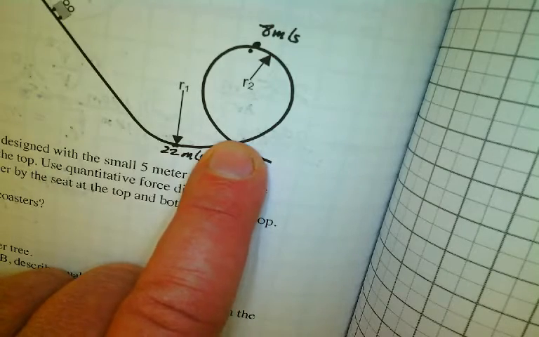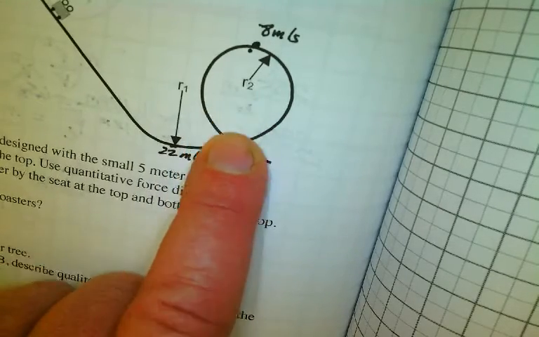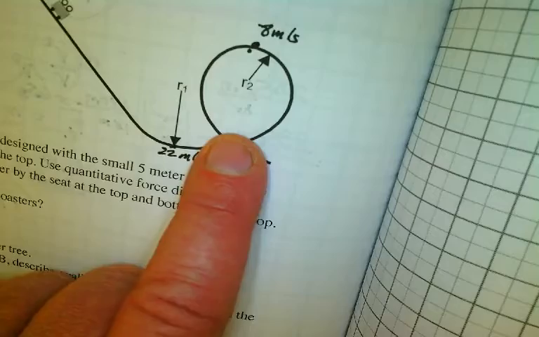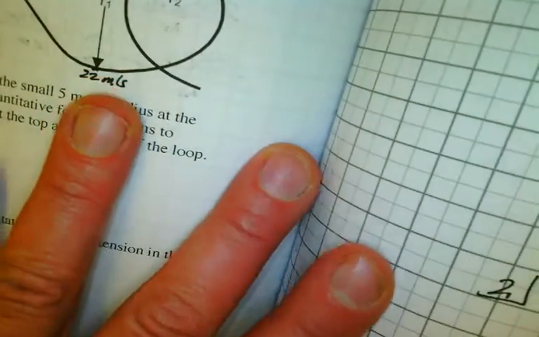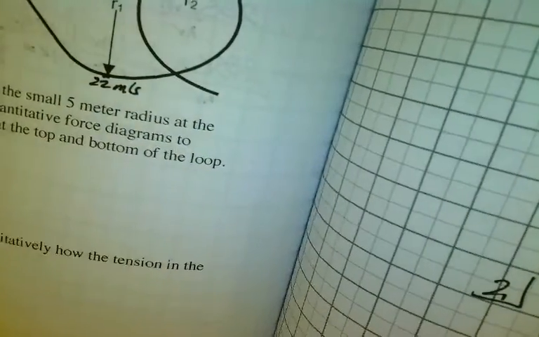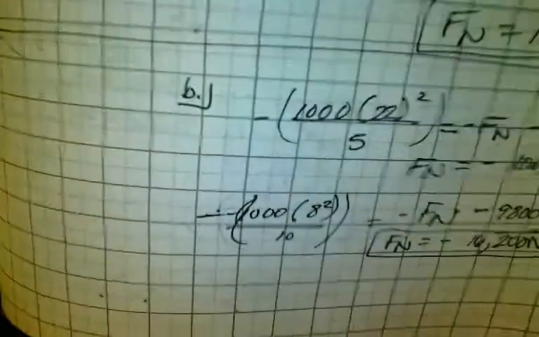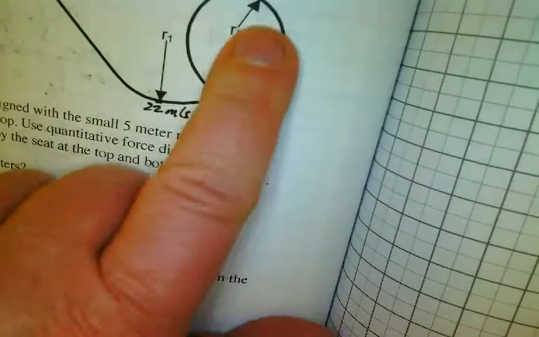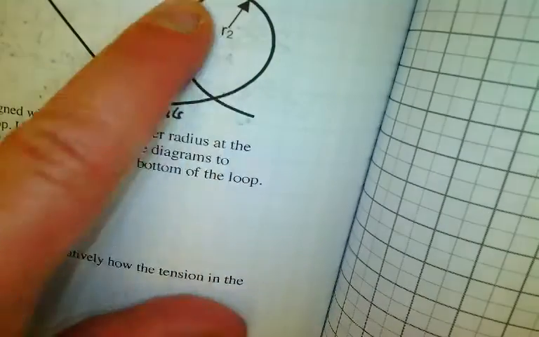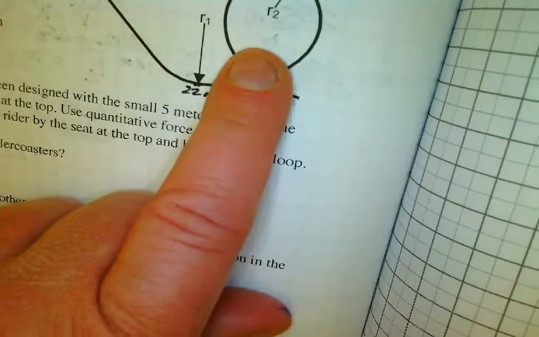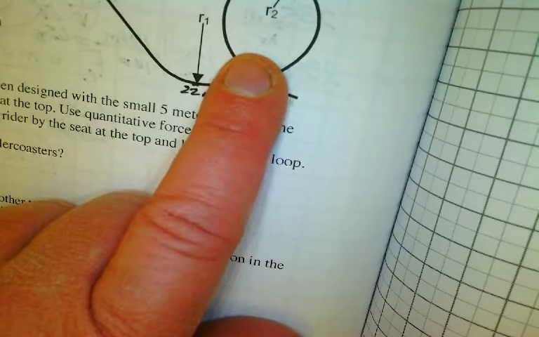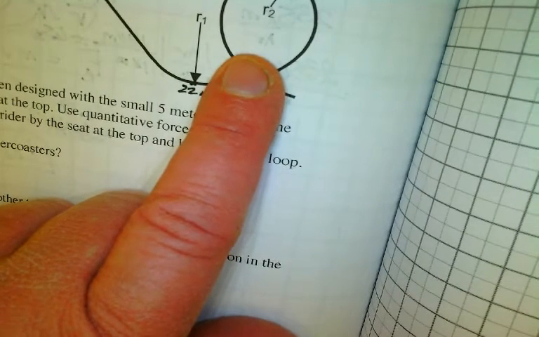Why wouldn't you want a larger velocity down at the bottom? You want to gain speed so you can get through the rest of the run. Right, but why wouldn't you want a fast velocity down here? What's that fast velocity going to lead to?